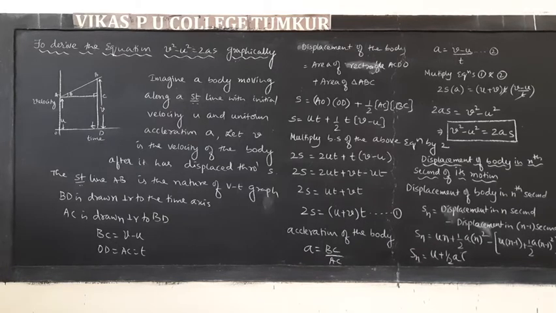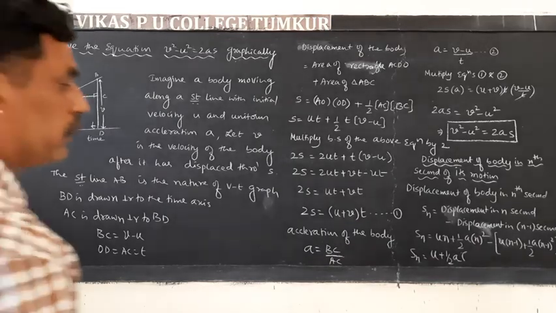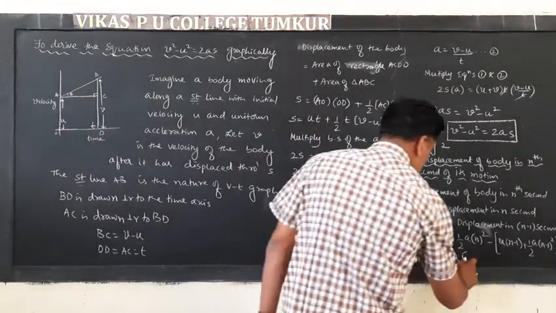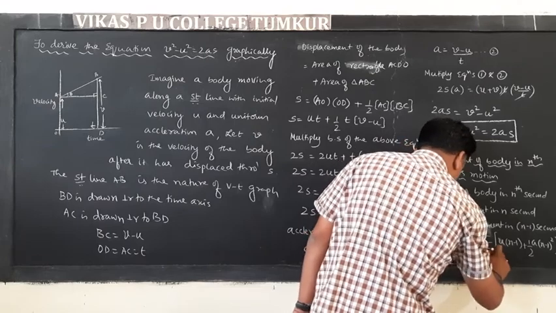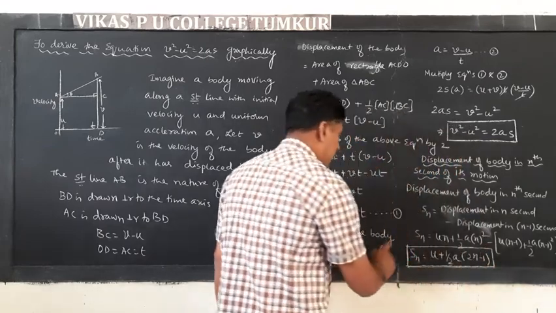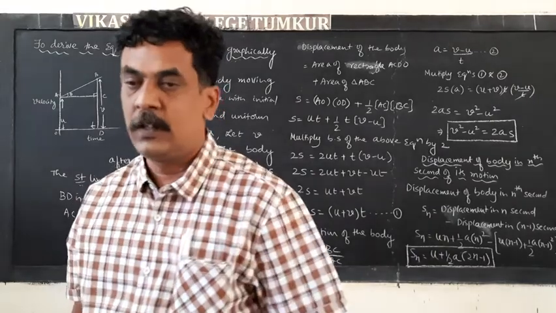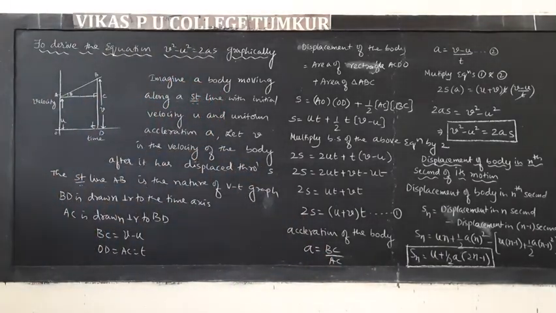So n square minus n minus 1 whole square subtract ಮಾಡಿದ್ರೆ ಏನು ಉಳಿಯುತ್ತೆ ನನಗೆ? 2n minus 1 ಉಳಿಯುತ್ತೆ. So this is the displacement of the body in the nth second of the motion of a body moving in a straight line with uniform acceleration a.